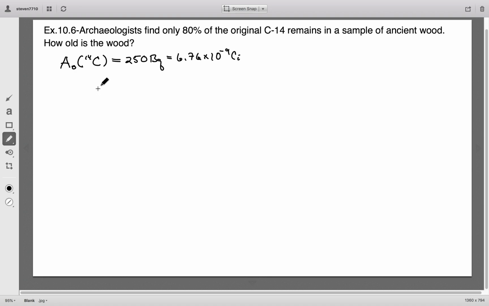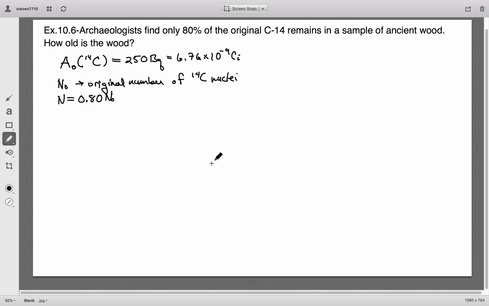N0 is the original number of C14 nuclei. So then N is equal to 80% of N0, just like that.